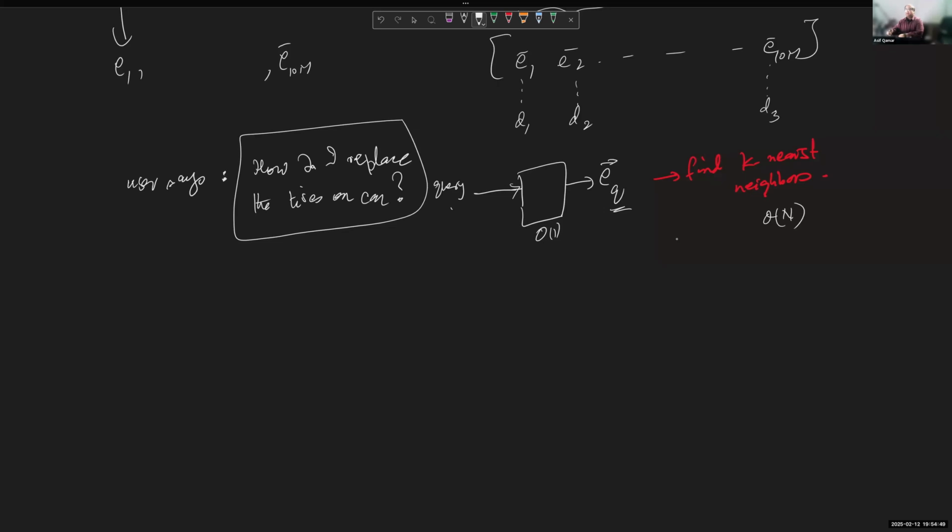It turns out that for top k nearest neighbors, in practice, you never do exact search. There are methods which are called approximate k n n, approximate k n n.